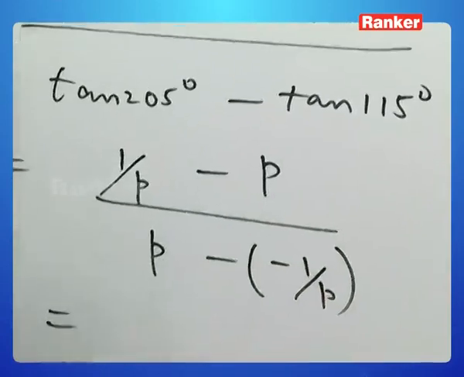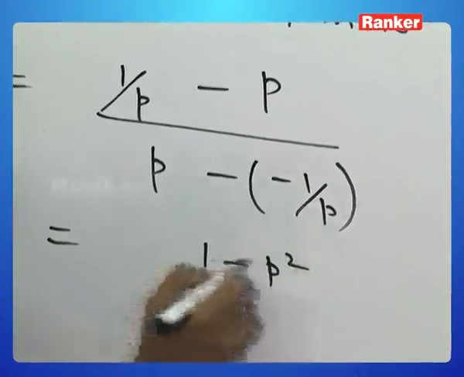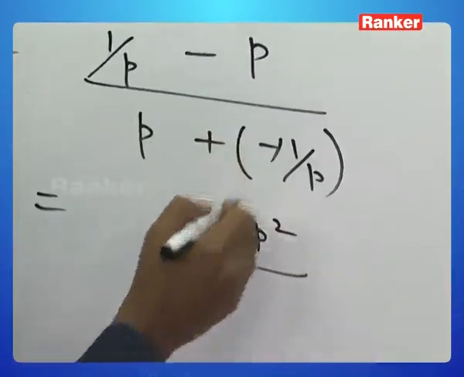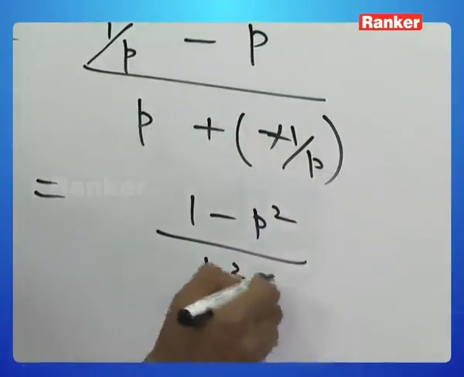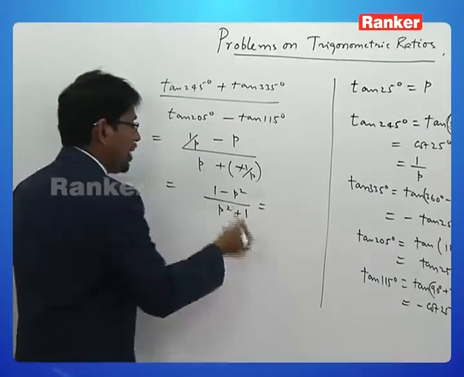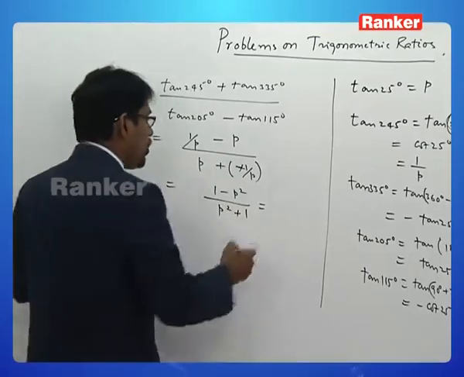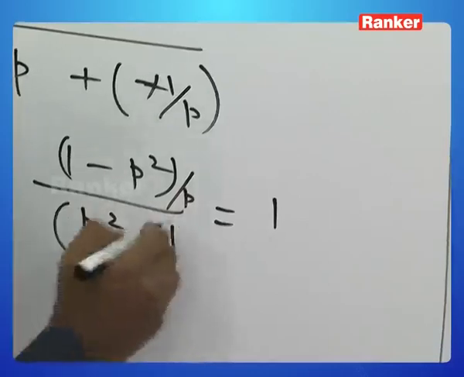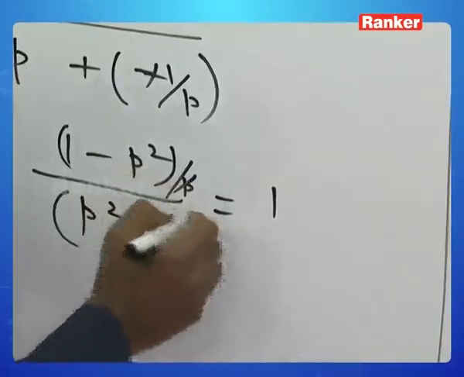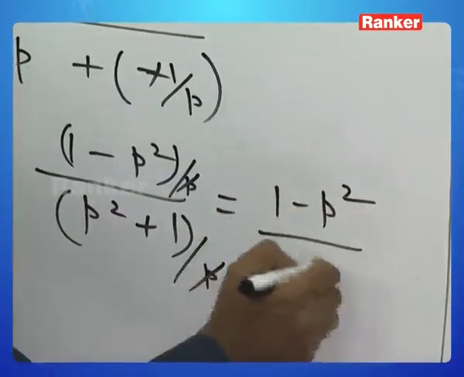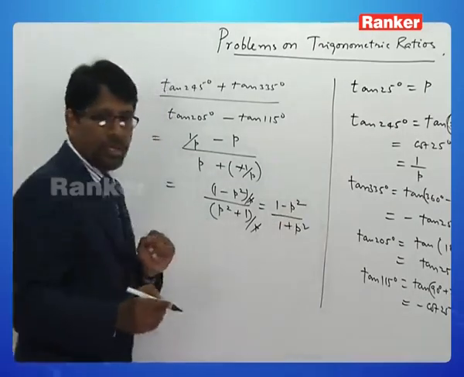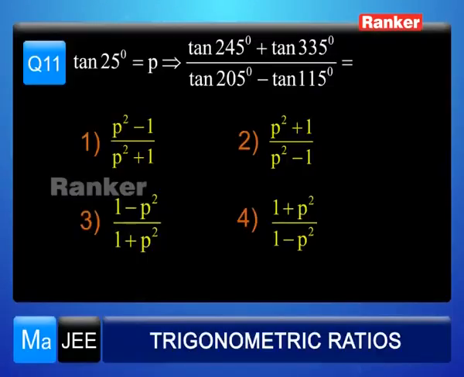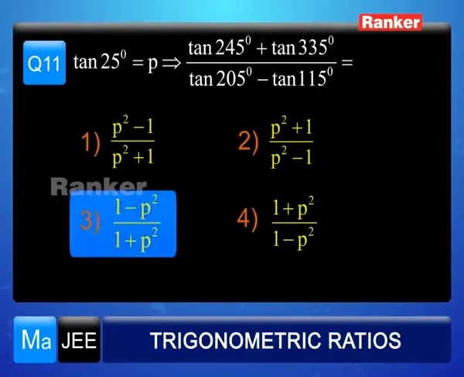So that makes it (1 - P²)/P divided by (P² + 1)/P. The P cancels, and you have (1 - P²)/(1 + P²), which is clearly option 3. Option 3 is correct.